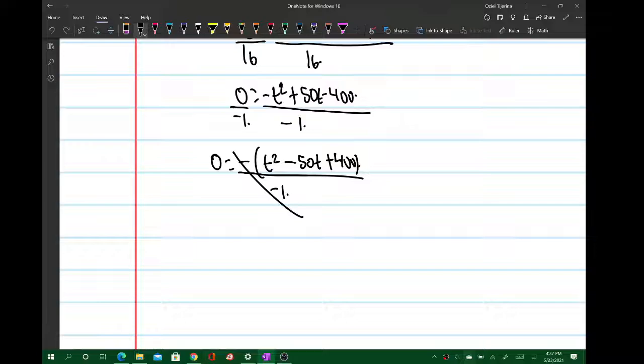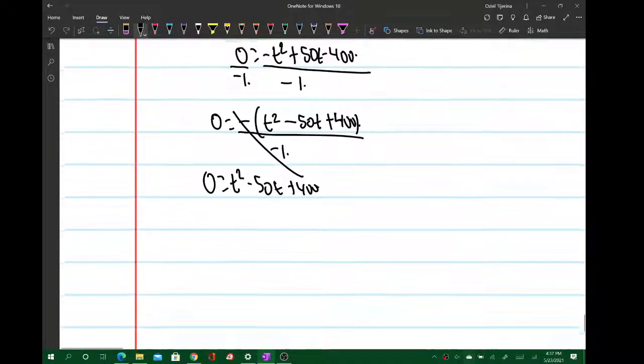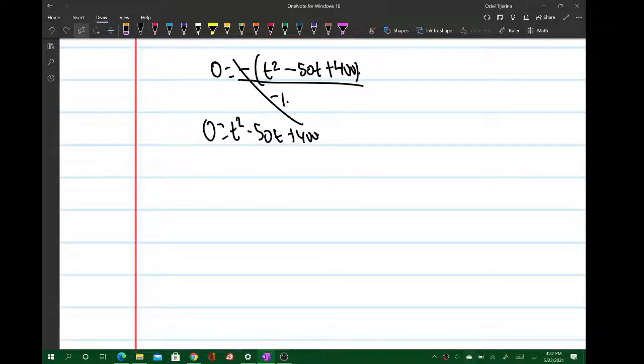This will cancel out. So you have 0 equals t squared minus 50t plus 400. And you can solve using completing the square, or you can solve using the quadratic formula, whatever you want to do.